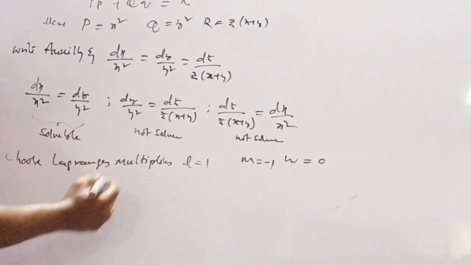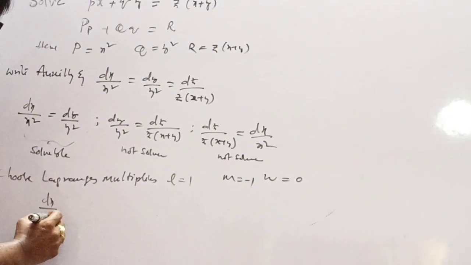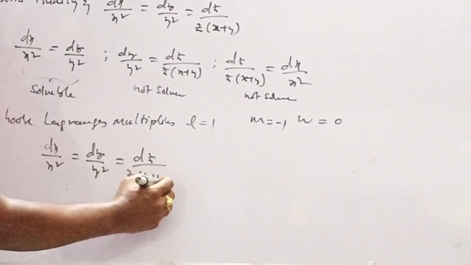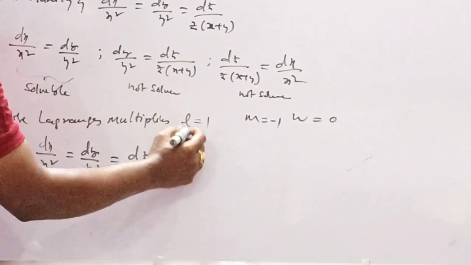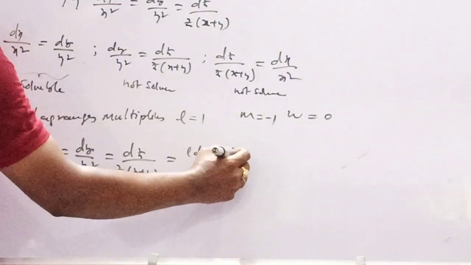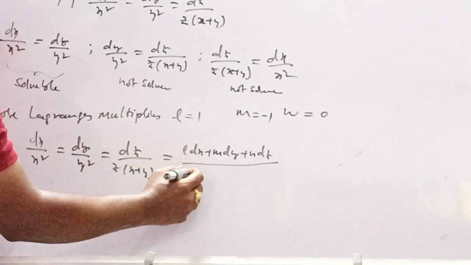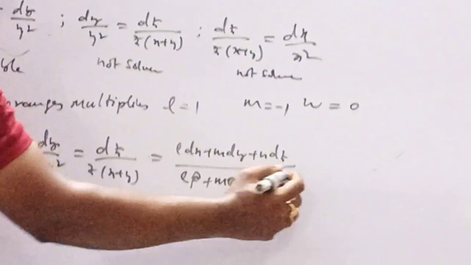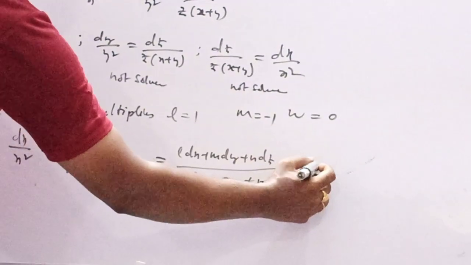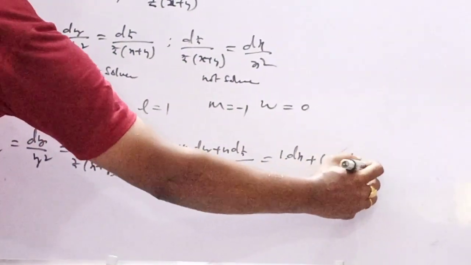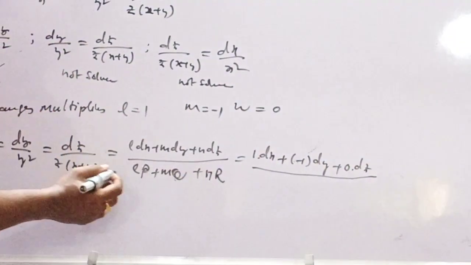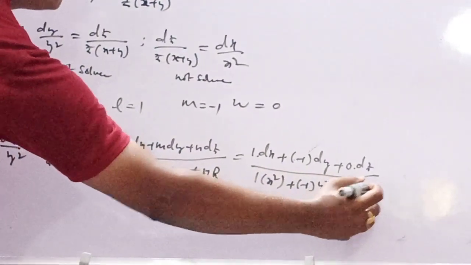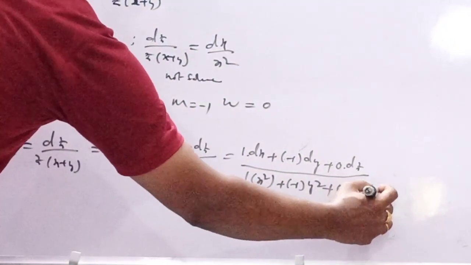Then the condition is: write dx by x square equal to dy by y square equal to dz by z into x plus y equal to (l dx plus m dy plus n dz) by (lP plus mQ plus nR), where l equal to 1, dx minus 1 dy plus 0 into dz, by 1 into x square minus 1 into y square plus 0 into z into x plus y.